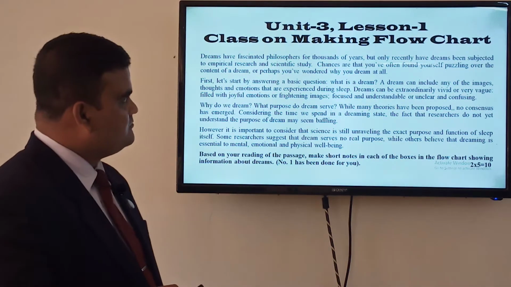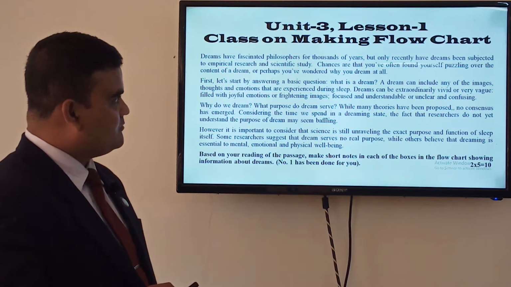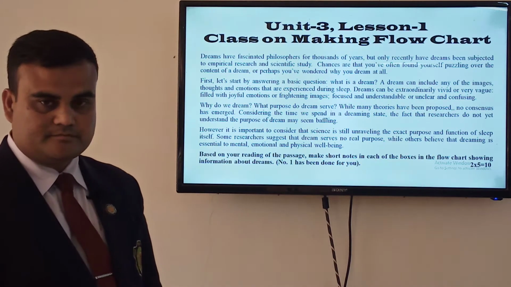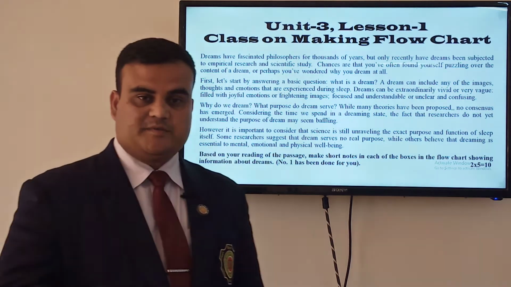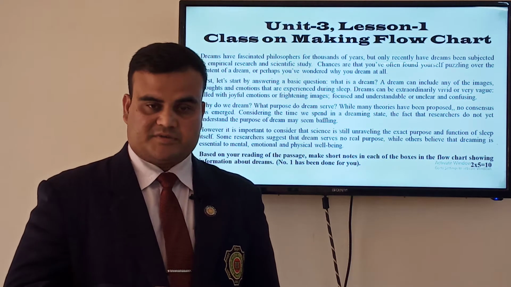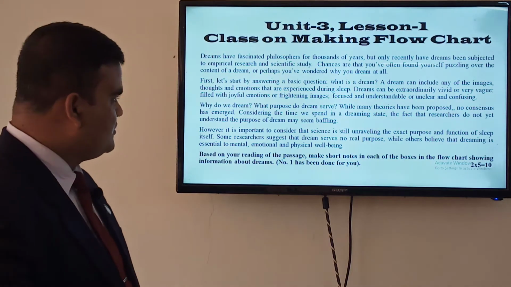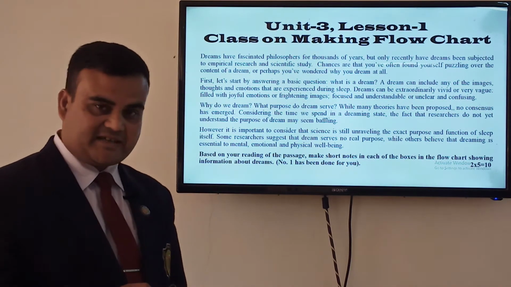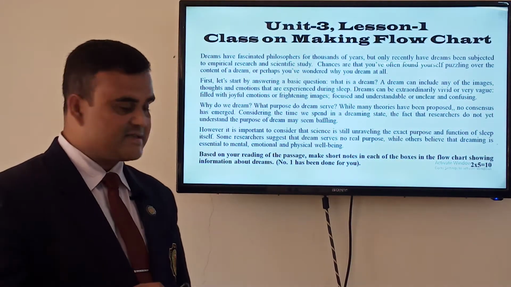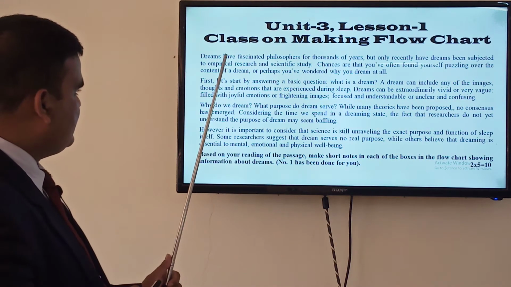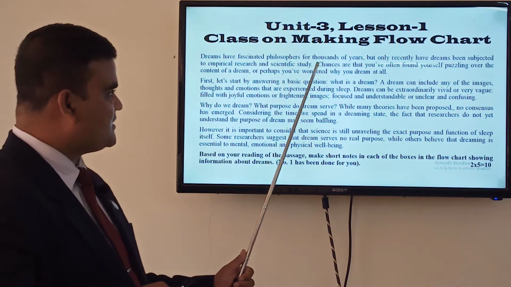We have chosen a lesson from lesson number 1 of Unit 3. Before answering the question of the flowchart, we have to go through the text. The text is on dreams. Dreams have fascinated philosophers for thousands of years.